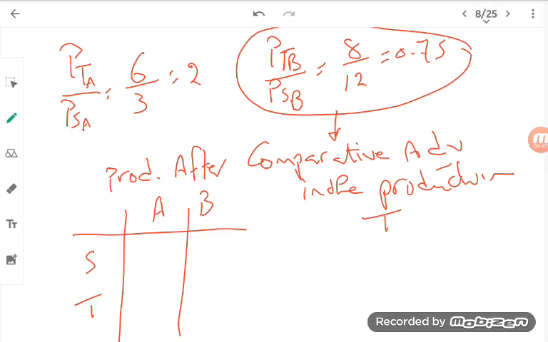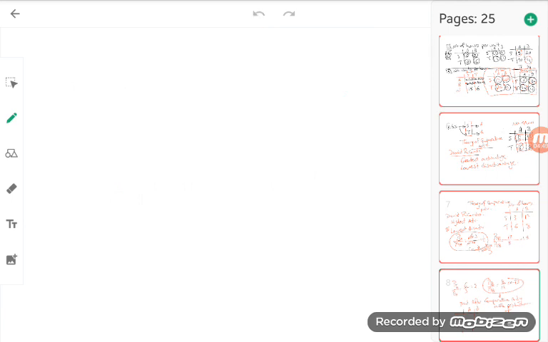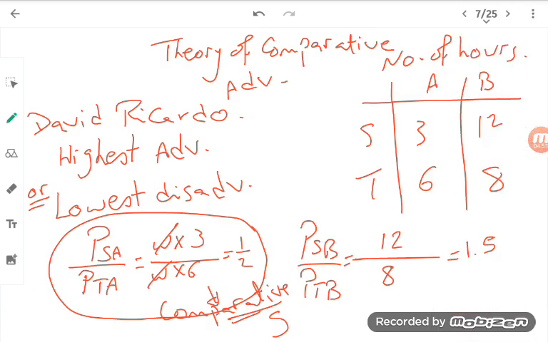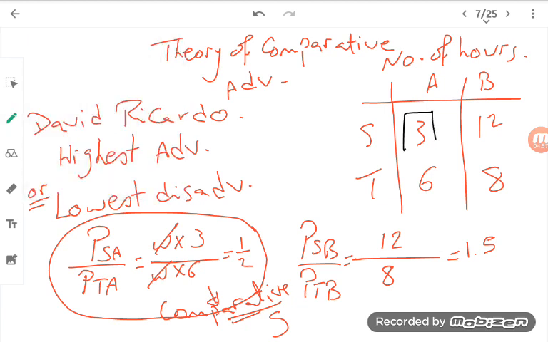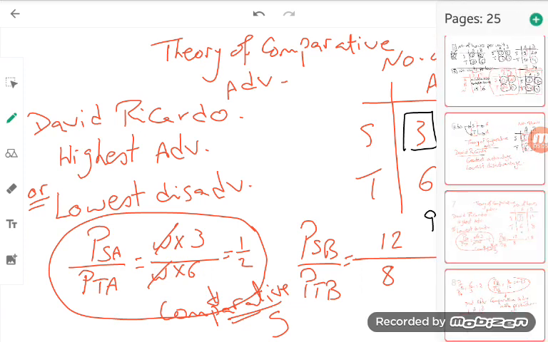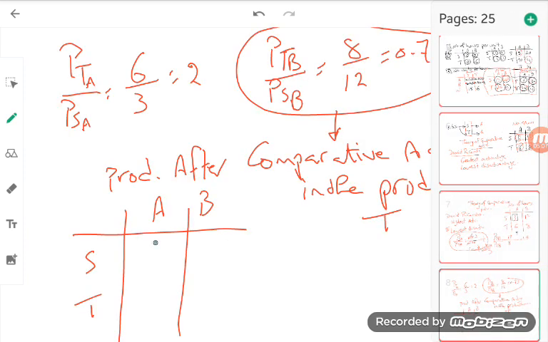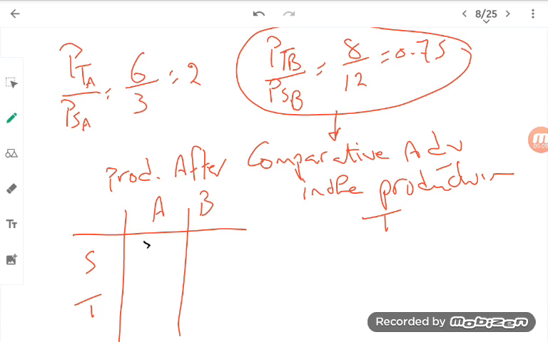Country A will specialize in the production of soybeans. Total number of hours is 9. They can produce 3 units in 3 hours. So production after specialization will be 3 units of soybeans and 0 textile.